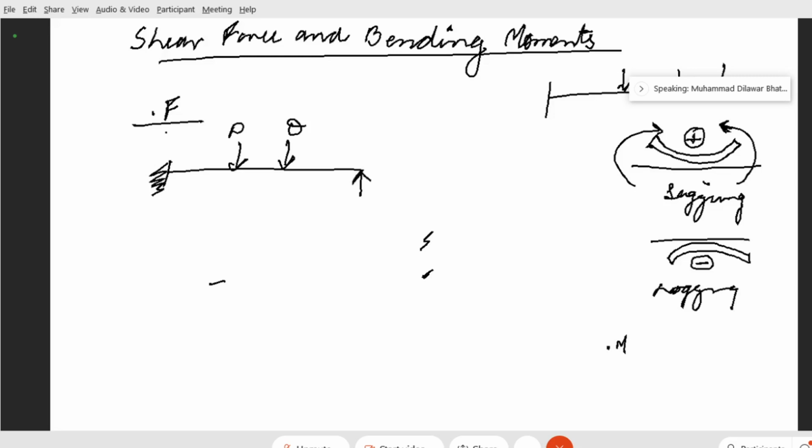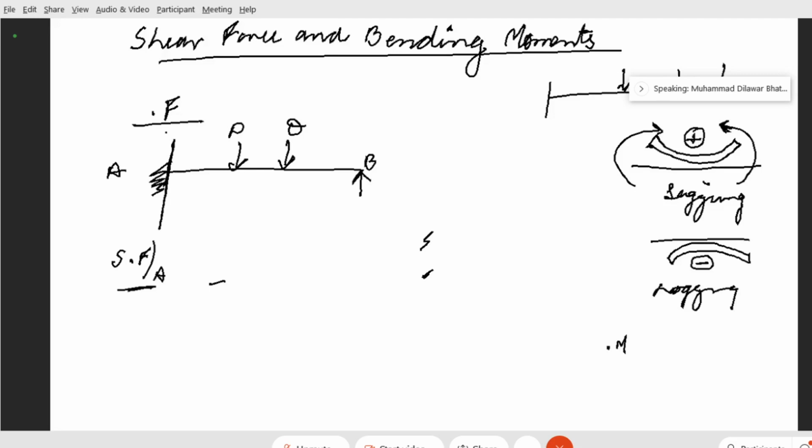Now we can also say that this is point A and point B. Whenever we have to calculate the shear force at point A, we can choose either of the directions, right?